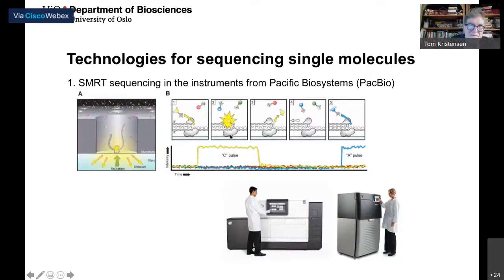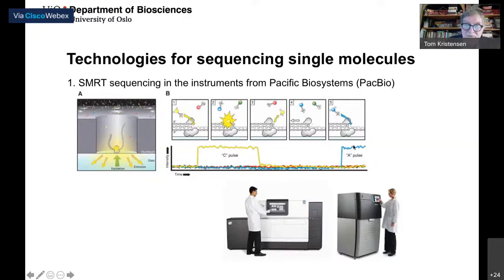Then the nucleotide will be incorporated. The fluorescent tag will be removed. I will show you in a little while how this happens. And we will no longer get a signal from this one until the next, in this case, a blue nucleotide is bound by the polymerase because it's a T in the template, so we should have an A in the growing chain.